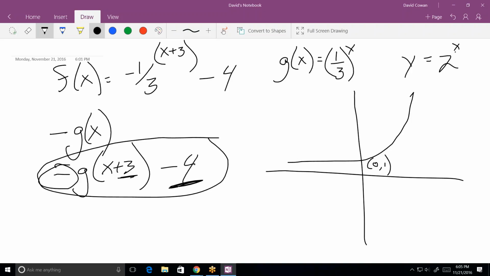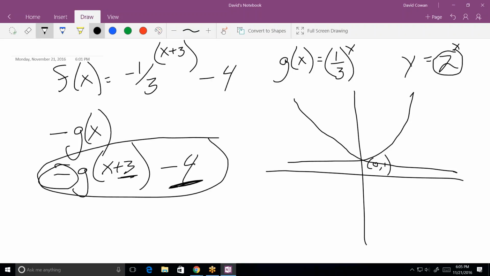If this base is less than 1, then it doesn't look like this. It basically looks like this. In other words, it acts almost as a vertical or a horizontal reflection. But notice it still has to go through that same point, 0, 1. If you plug in 0 for x here, you get g of x is 1.